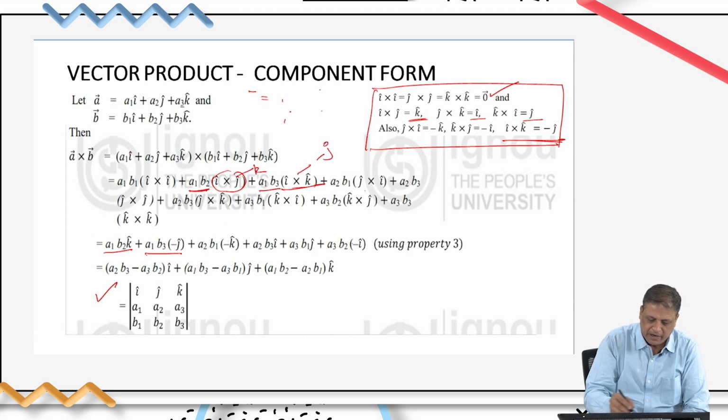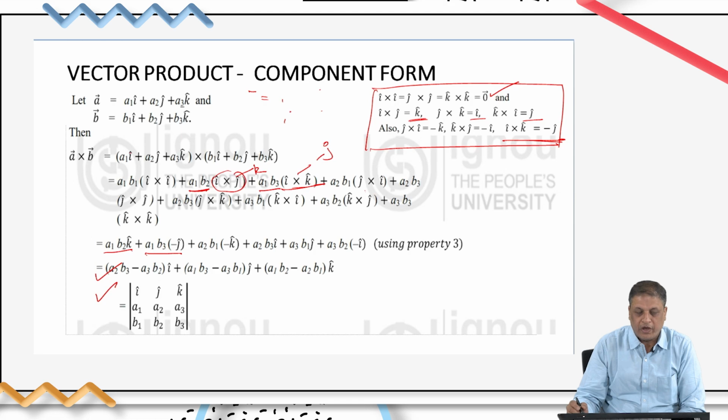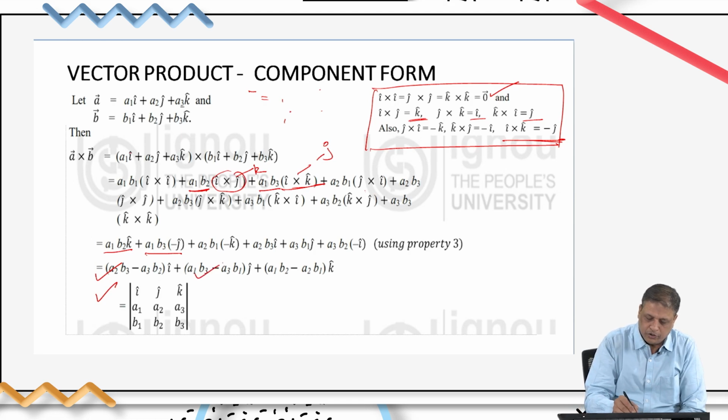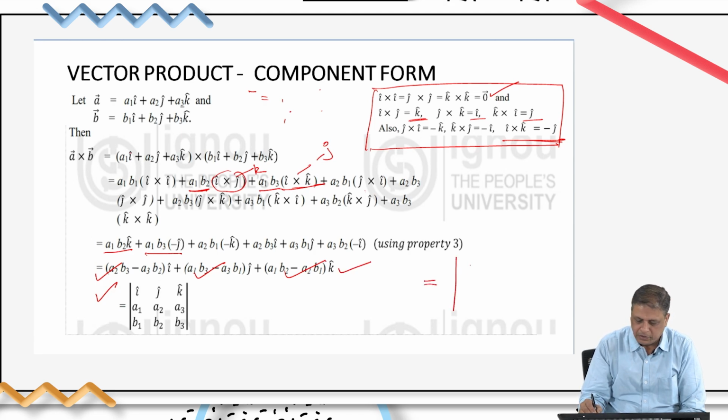Following the same pattern and then rearranging the equation, that is collecting the values for the I unit vector, j unit vector and k unit vector, this turns out to be this expression, which is nothing but the determinant representation of the components of the two vectors A1, A2, A3, B1, B2, B3.